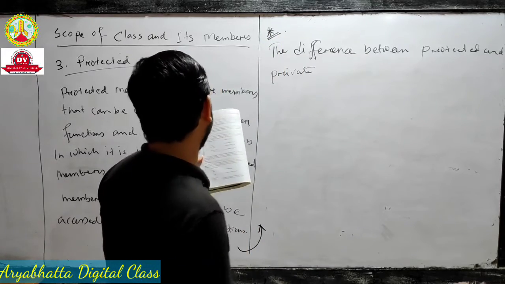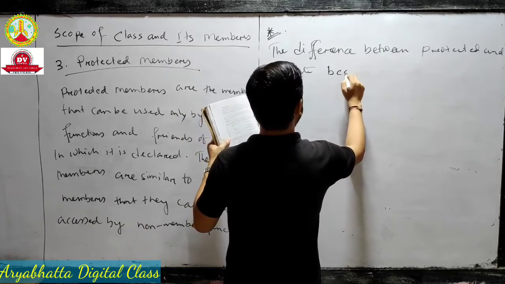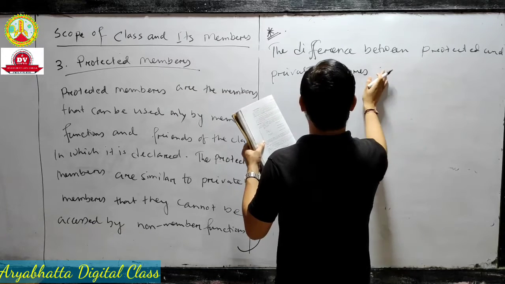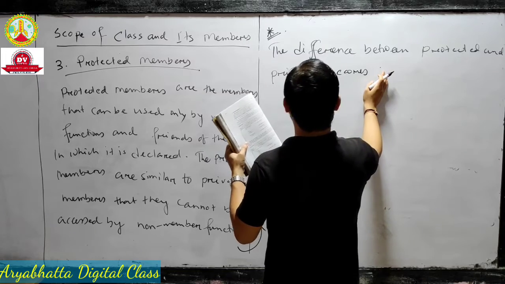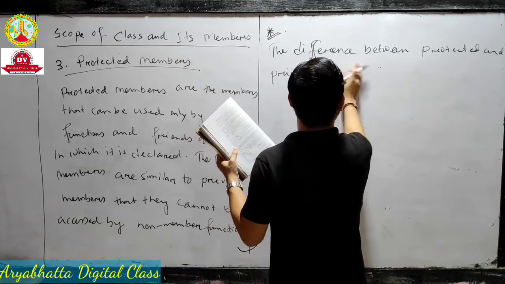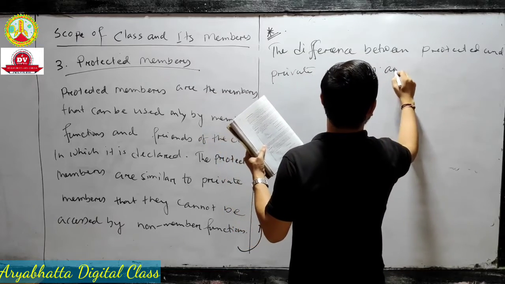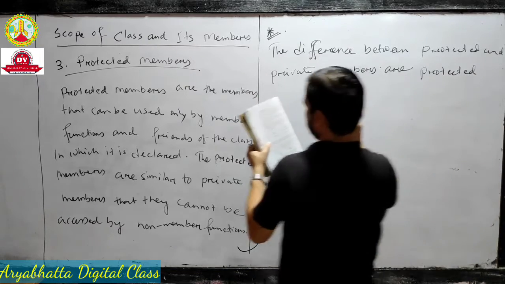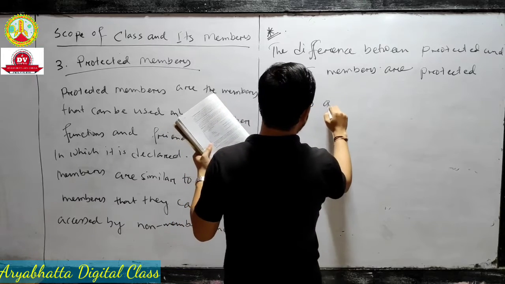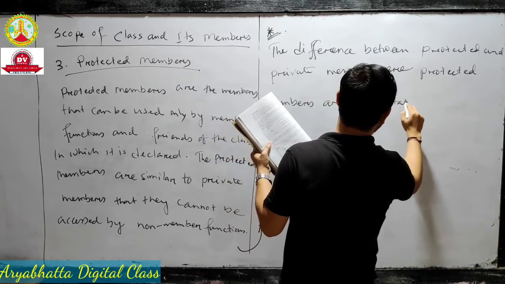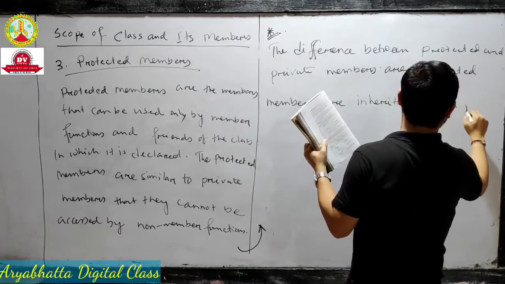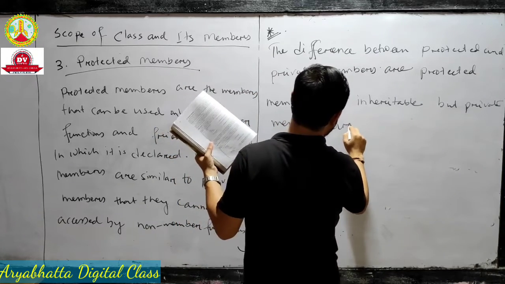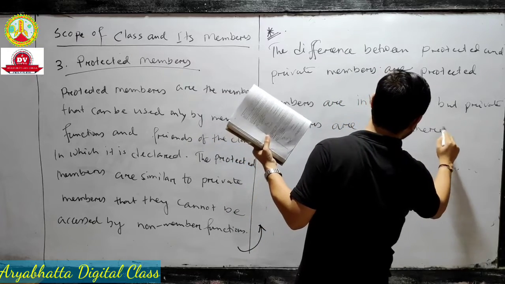Right, the difference between protected and private members: protected members are inheritable, you just note down inheritable, but private members are non-inheritable. Okay.